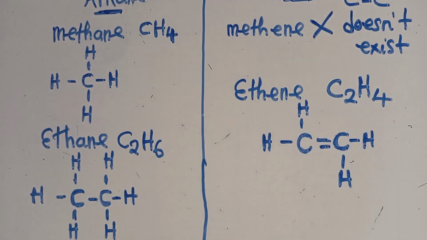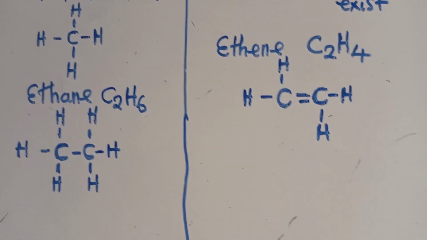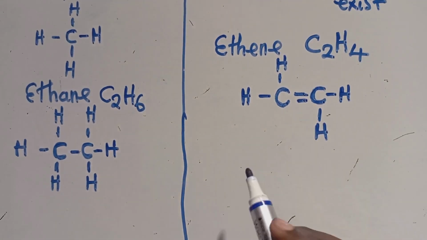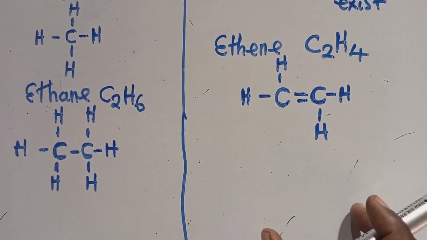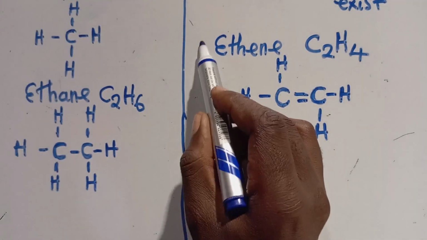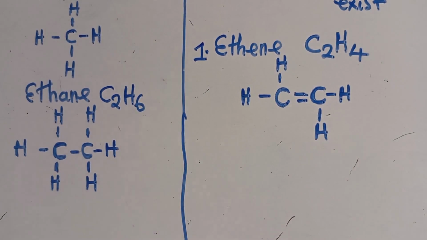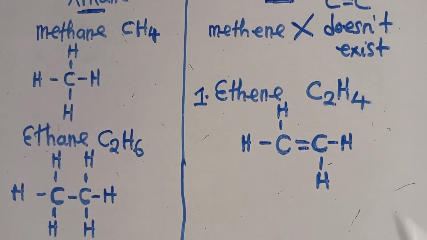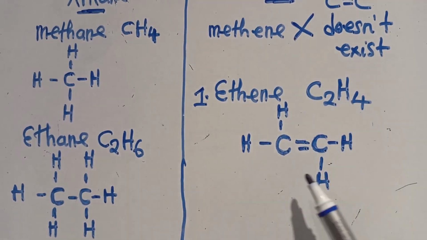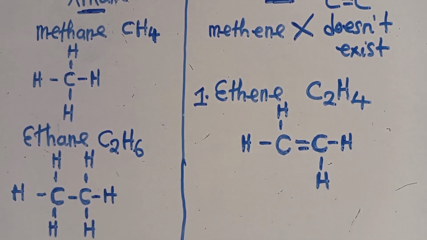When I move to the other one, the next one among these families, this one that is second happens to be the first one in this family because we are talking about double bonds.